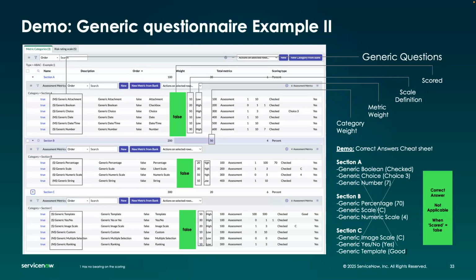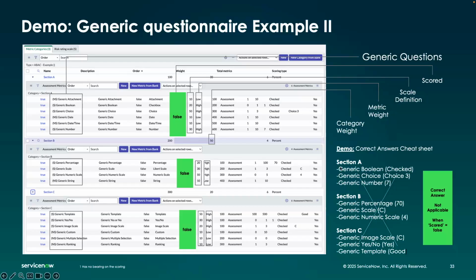Those equations are invoked to derive the normalized value, as opposed to just being 0 or 1, 0 or 100. Hence, the correct answer configuration is not relevant in this type of setup. And we have a couple of example questionnaires that have been set up for the purposes of the demo.